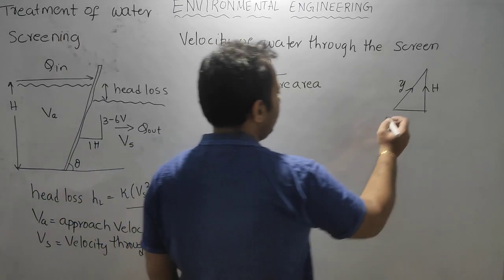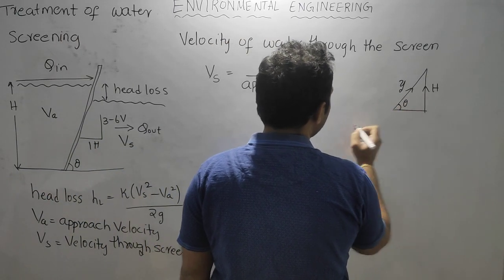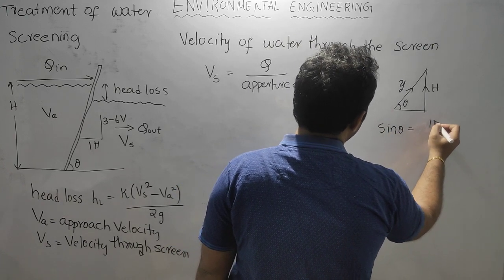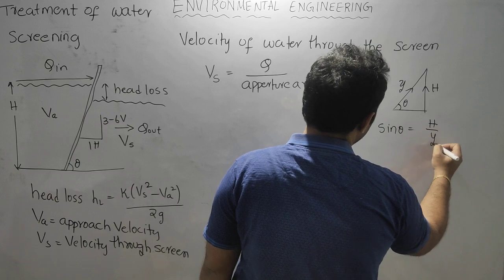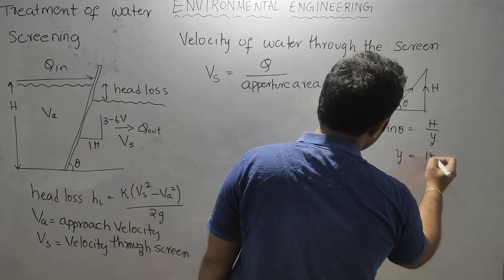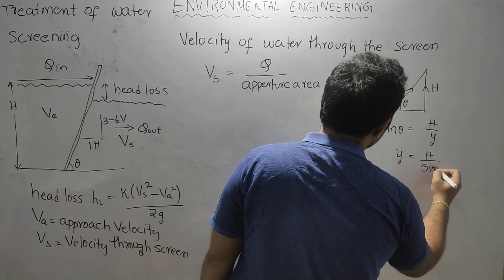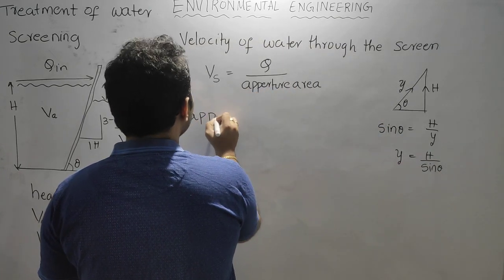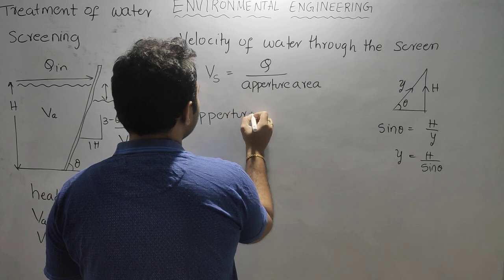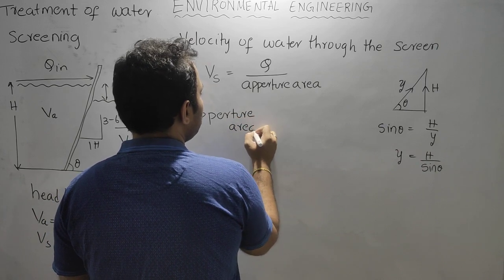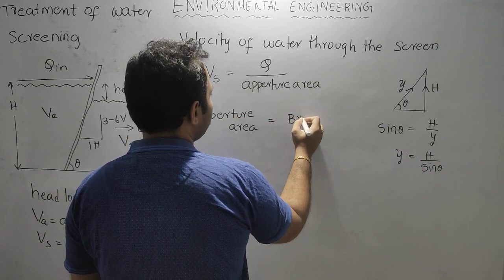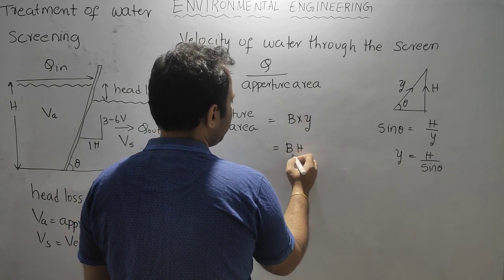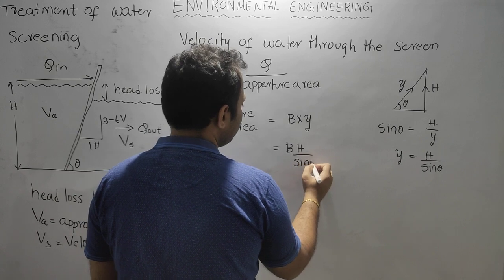If we know theta, then sin theta is equal to h by y. That means y is equal to h by sin theta. So the aperture area is equal to b multiplied with y, that is b into h by sin theta.